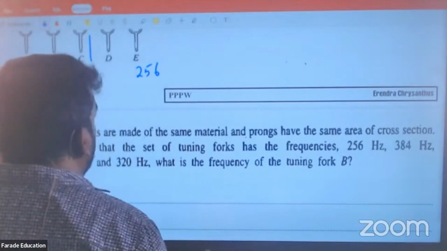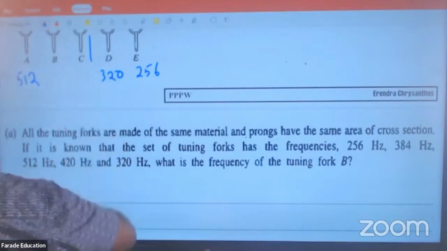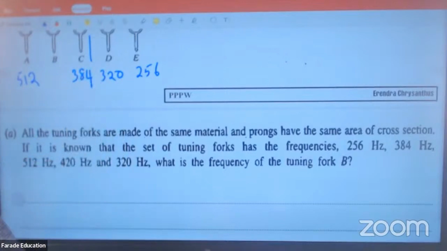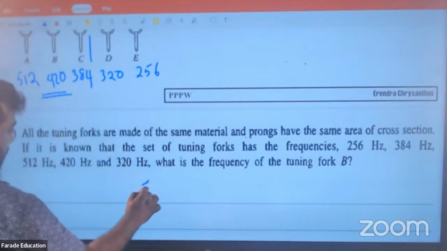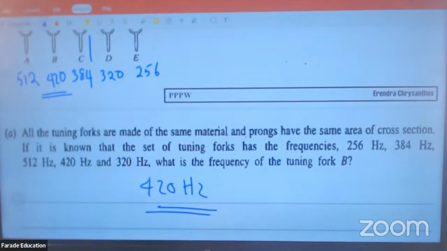Gradually as the length reduces, frequency will increase. Here 320, here 384, so here 420. What is the frequency of tuning fork B? Very simple, 420 hertz.